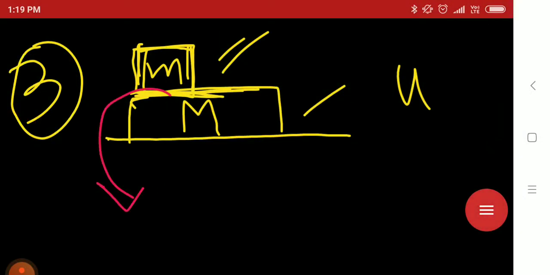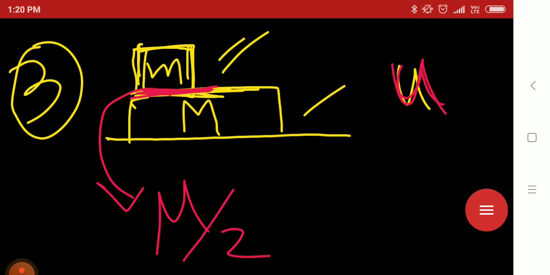The coefficient of friction between this contact surface is mu, and the system is moving with velocity u, and the other coefficient of friction is mu by 2, and between the surface and capital mass M is mu.